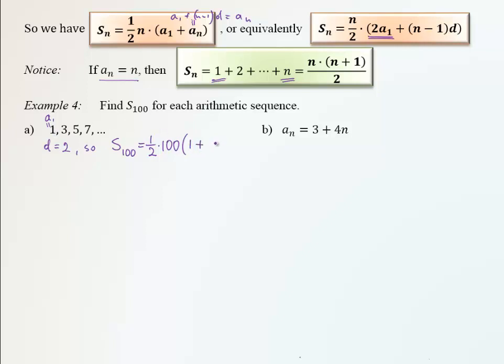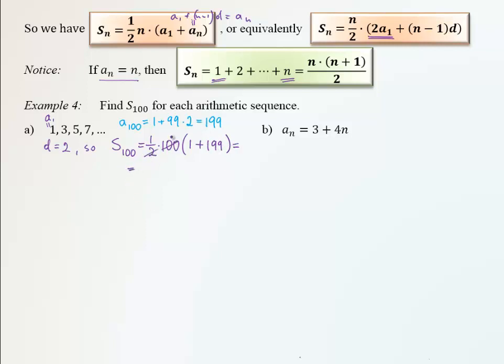The last term we actually should calculate. Maybe let's do it at the top. a100 is a1, which is 1, plus 99 times the common difference 2. So altogether, a100 is 199. Therefore, here we have 1 plus 199, the 100th term, and we need to simplify this.